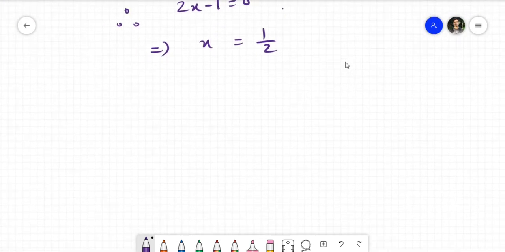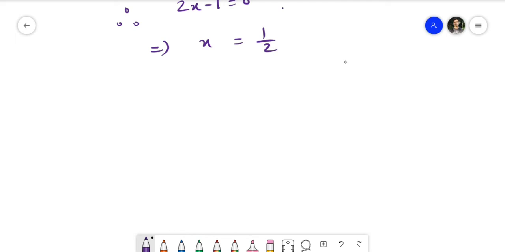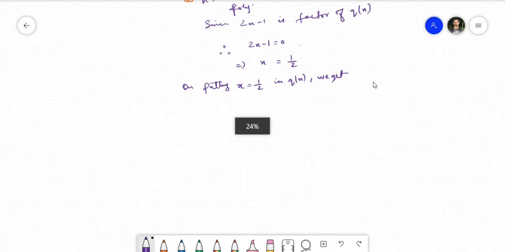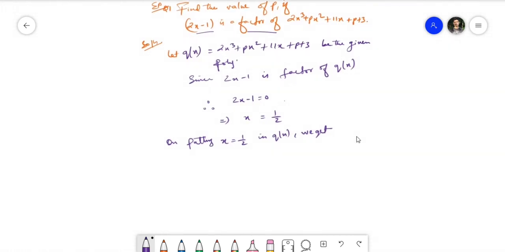After this we'll just put that value. On putting x is equal to 1 by 2 in q(x), we get, let me write the question first. If you want to try, pause the video and write.